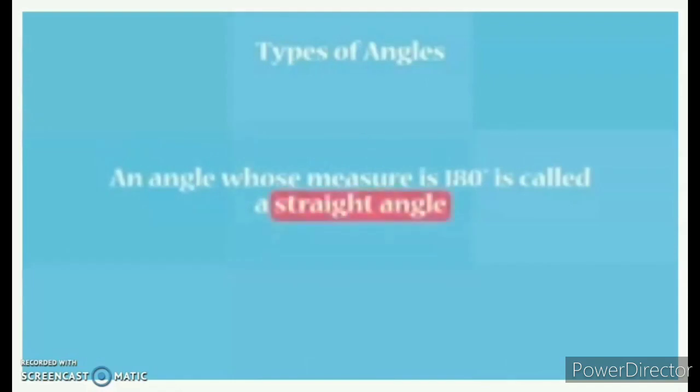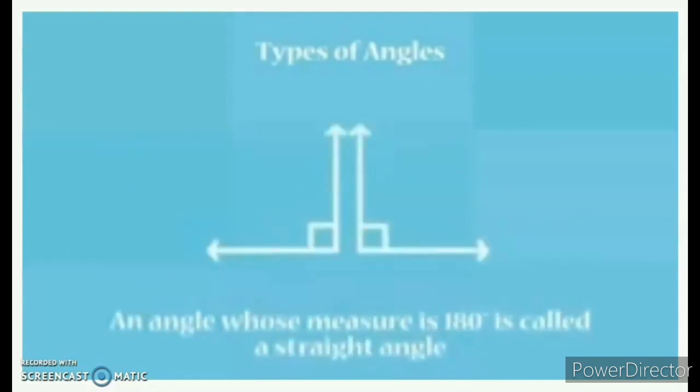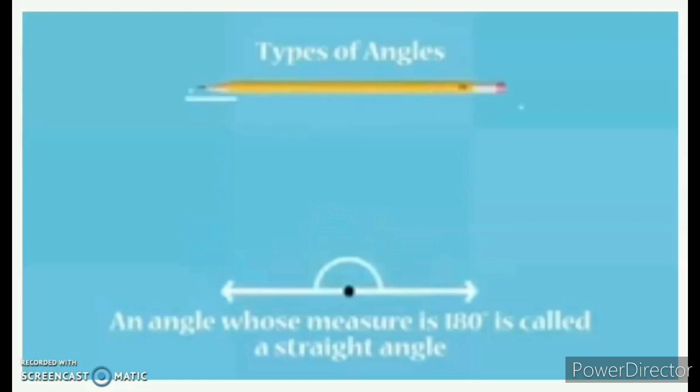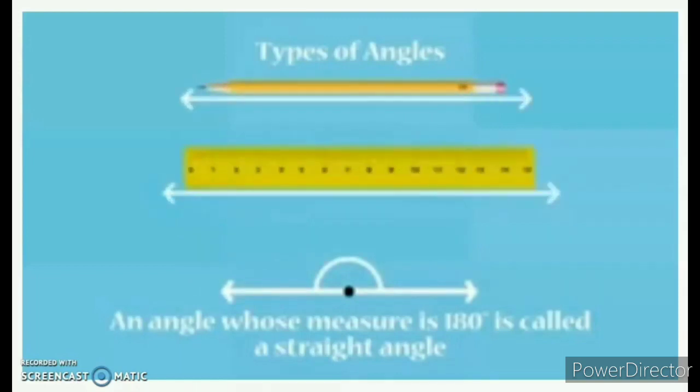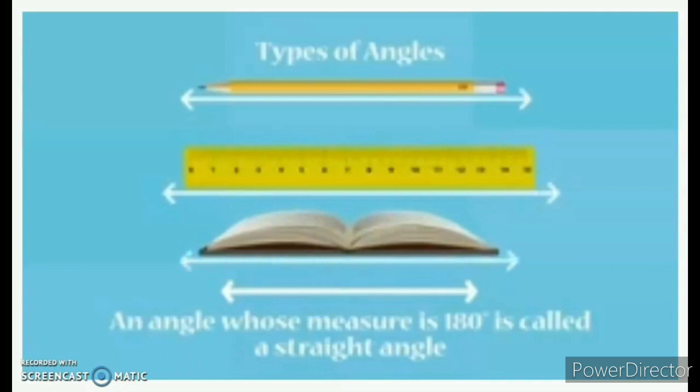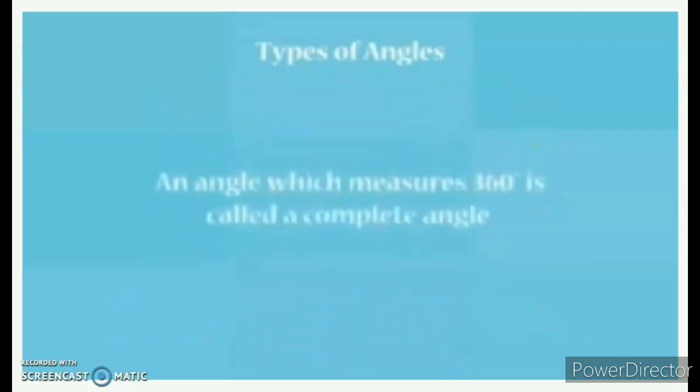If two right angles are kept next to one another, they form a straight angle. A pencil or a pen, the edge of a ruler, books, all these are examples of a straight angle.